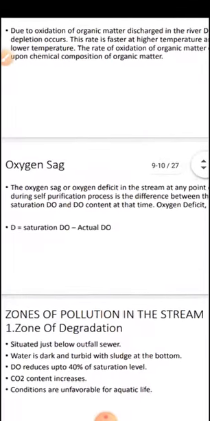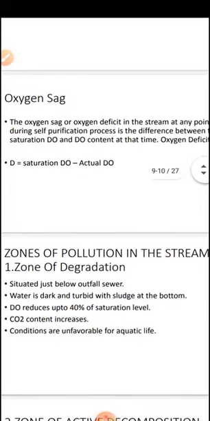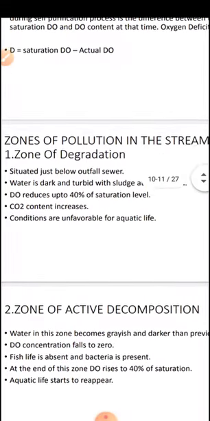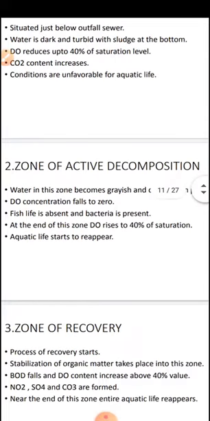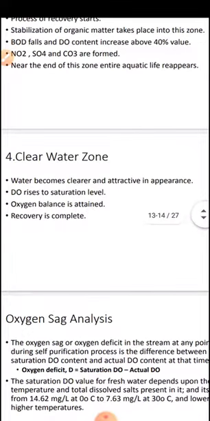Here you will see that the oxygen deficit is equal to the saturation DO minus actual DO. And then these are the zones of pollution in the stream. We talked about these earlier. We have a clean zone, then a degradation zone, this decomposition zone or septic zone, and then the zone of recovery, and then the clear water zone.